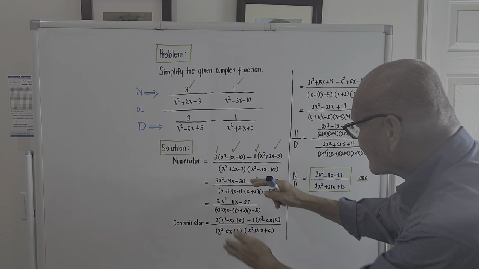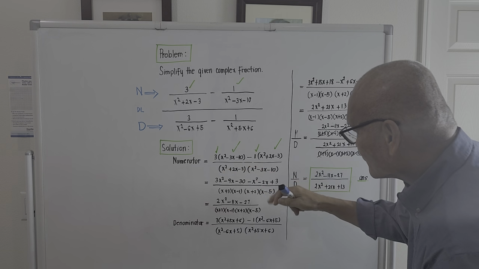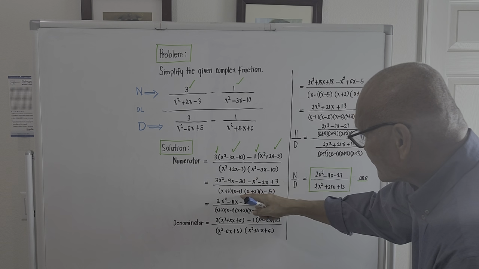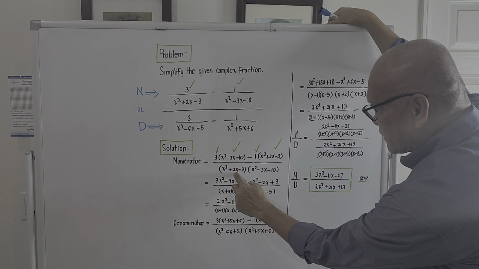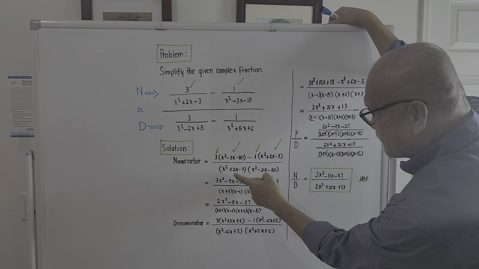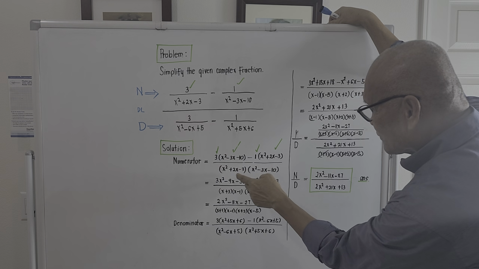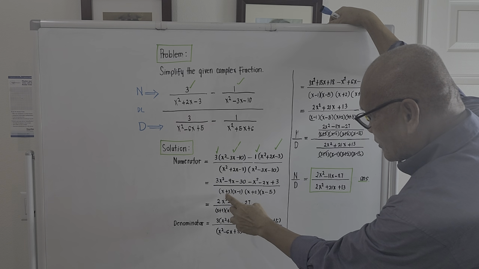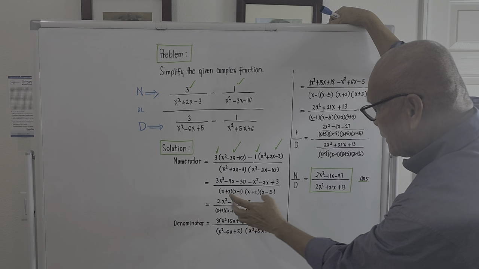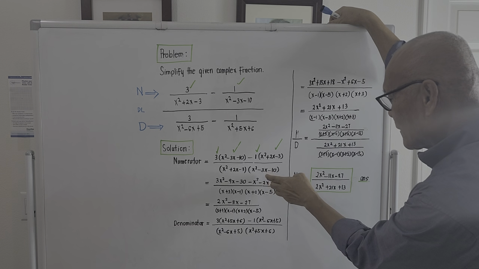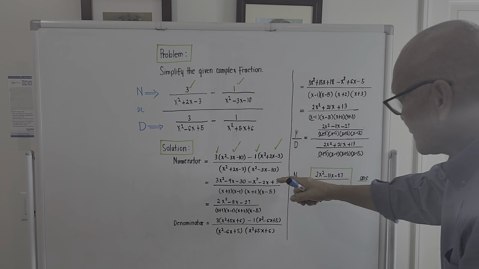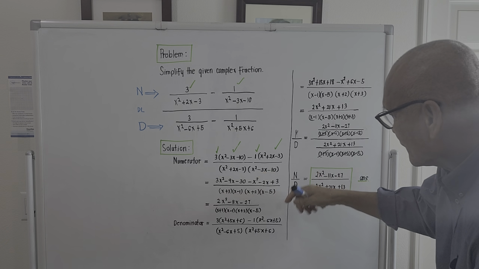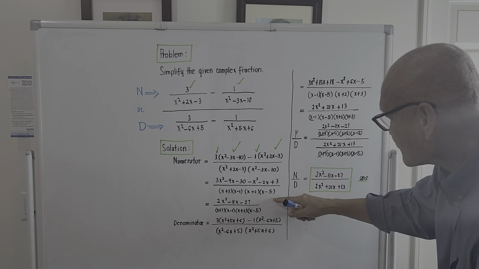So two binomials is the equivalent of this quadratic expression. X plus 3 times x minus 1. The middle term will be 3x minus x, which is 2x. So the resulting binomial factors of this one will be the product of x plus 3 times x minus 1. And so with the second one. This is factorable into its equivalent binomial factors. And the possible binomial factors of this one will be x plus 2 and x minus 5.